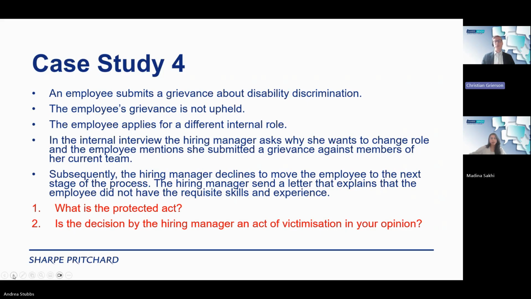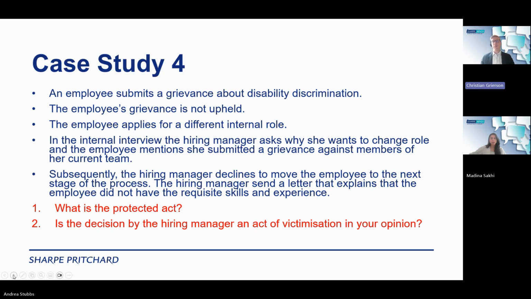In this case, in the interview, the hiring manager wants to find out why she's moving from her current team to a new team, and so she's asking about the reasons. And the employee mentions that there is an existing grievance, i.e. the protected act. And as a result, this individual is then not even moved through to the next stage of the interview, let alone failed the interview.